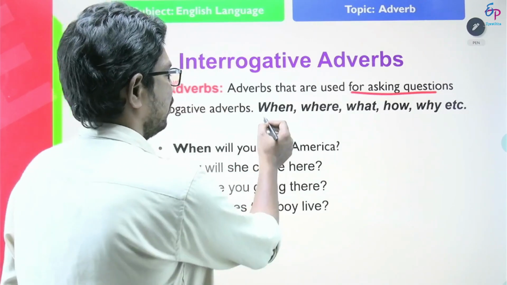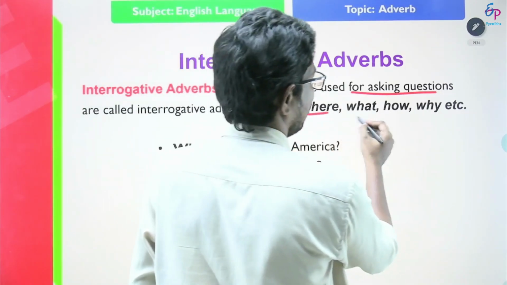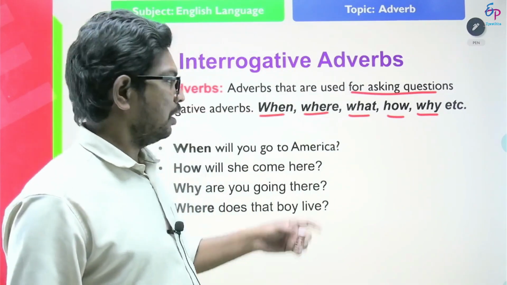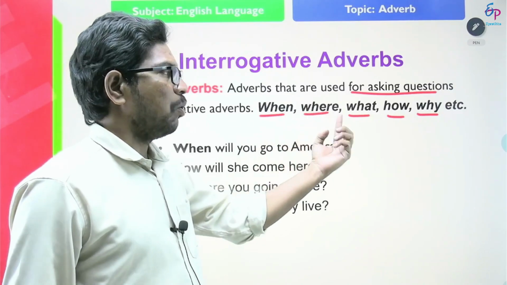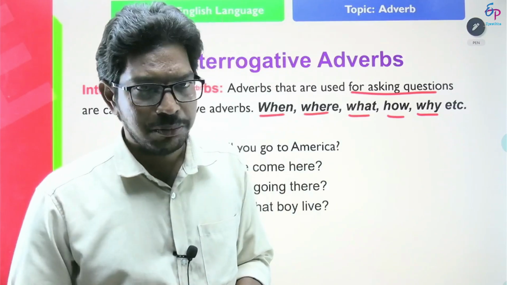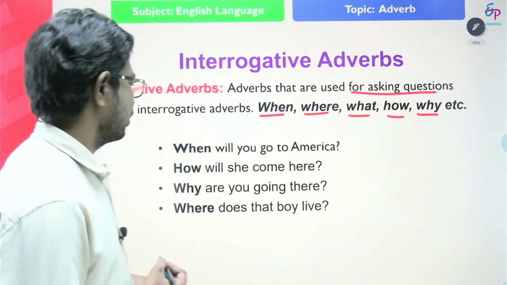So what are they? When, where, what, how, why. Let us see the examples of how they function in a sentence.